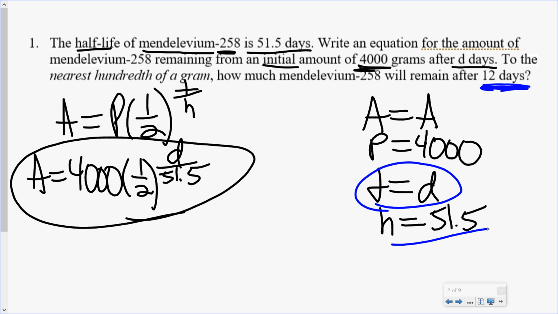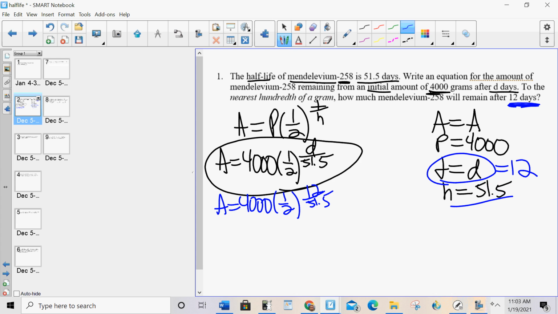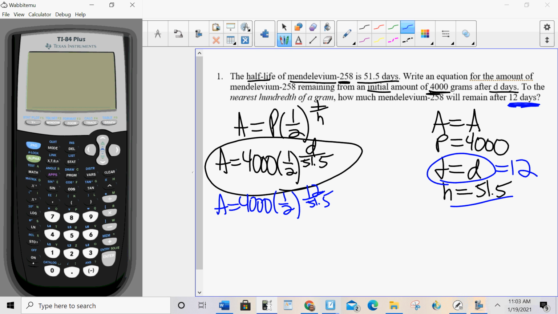It's the amount of time it takes for the element to be cut in half. So I get 4,000, 1/2 to the 12 over 51.5 power. I go to my calculator, turn it on, if it ever wants to turn on, which it doesn't apparently.